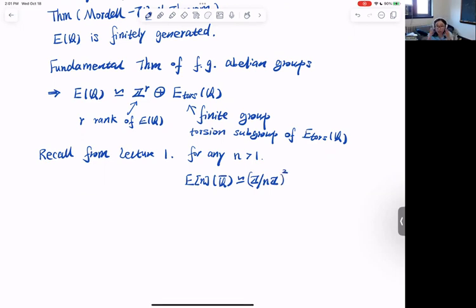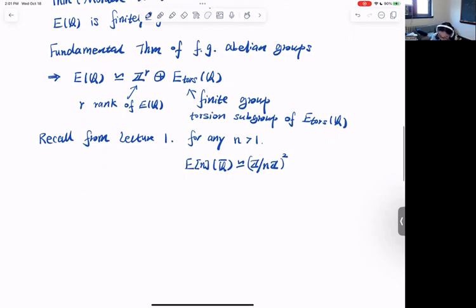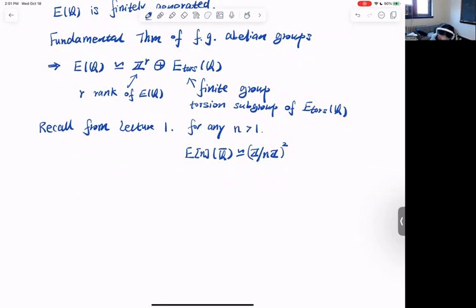Over Q-bar, the torsion subgroup is big, it's very, very big.